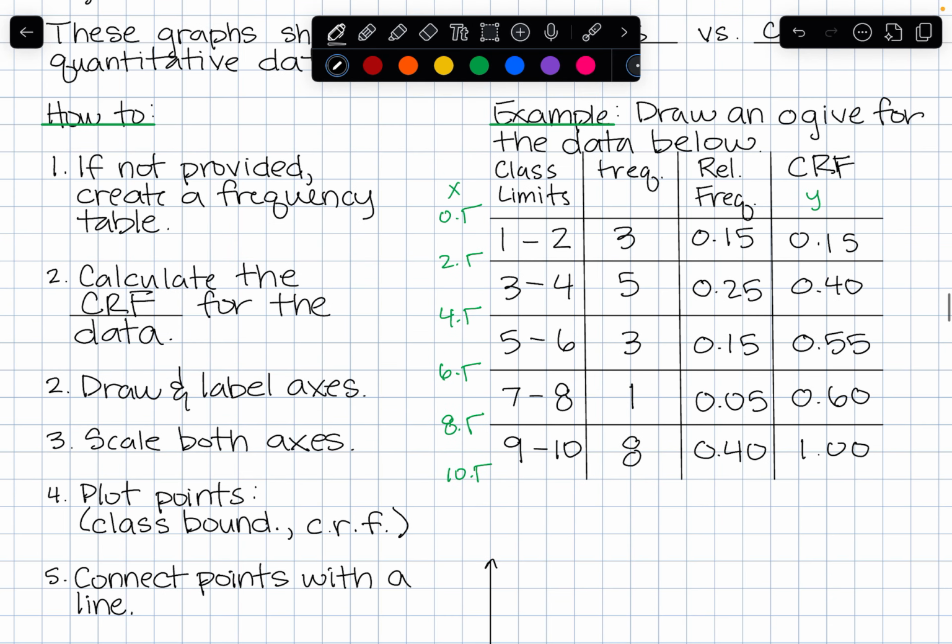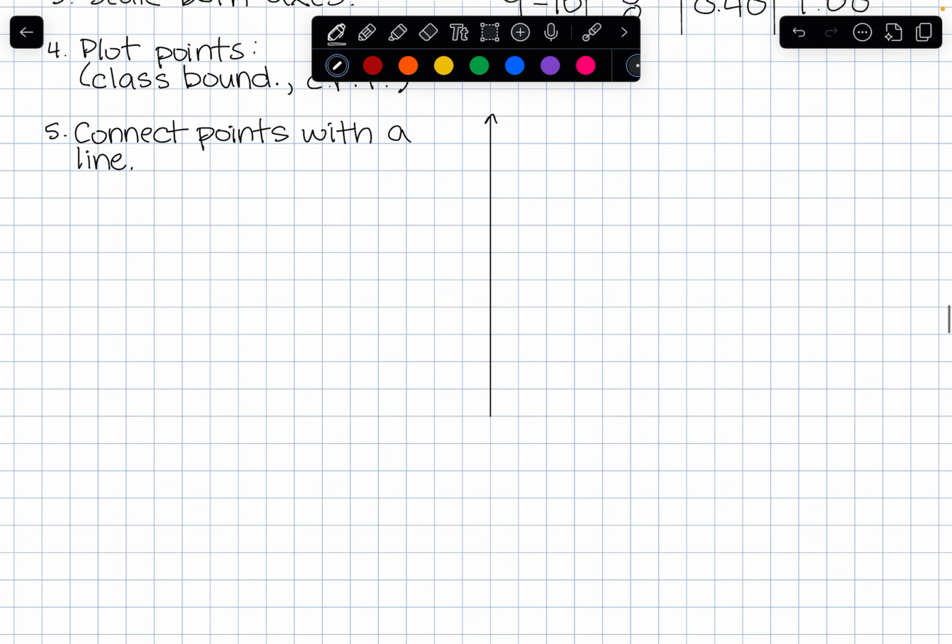And then on the x-axis, I have 6 hash marks, 6 class boundaries. And again, we label it. So these are my class boundaries. Y is my cumulative relative frequency. And I'm going to go ahead and attach a scale to those axes.